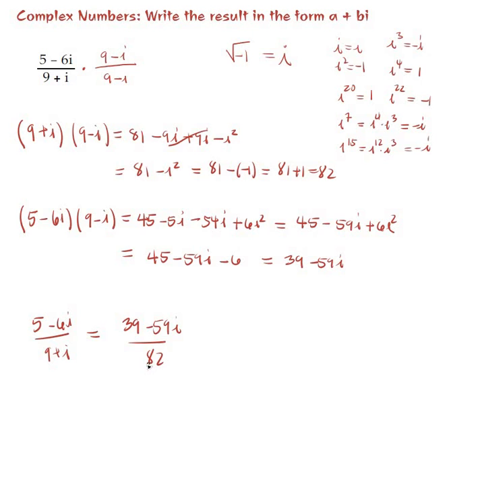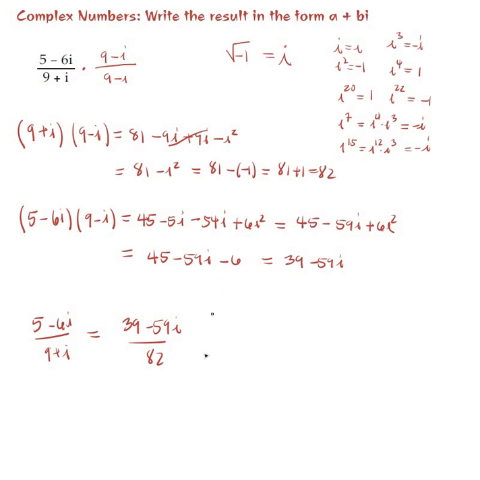Not yet, because the problem says to write it in the real part and the complex part. This is how you write complex numbers: this part is the real part, and this one is called the imaginary part. This b is always going to be a real number, but the i is the one telling you it's a complex number.